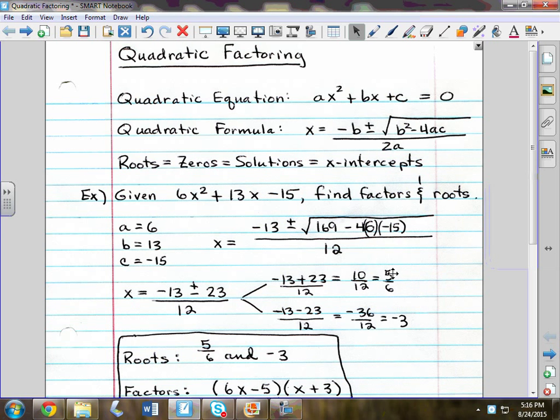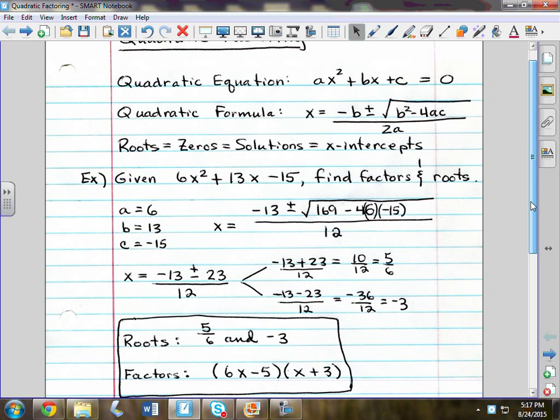And then the 6 that's in the denominator is going to come out here in front, so that when I would FOIL these out, I would get back to this. So that's how you use this to do some quadratic factoring.